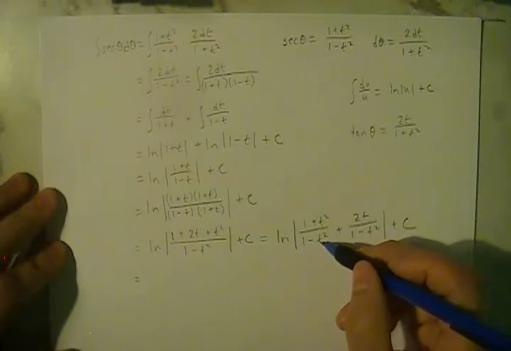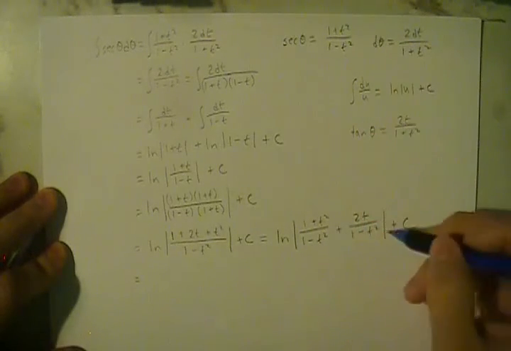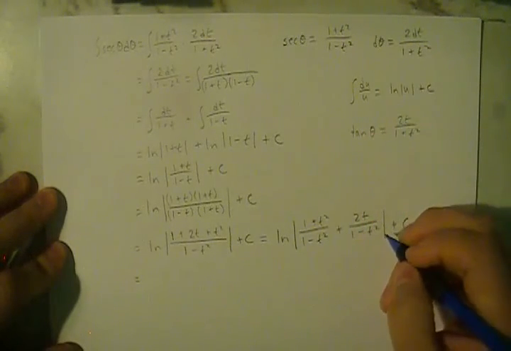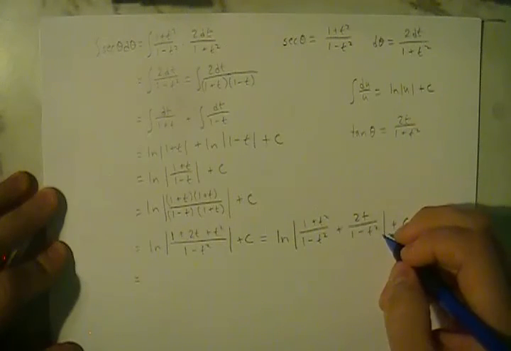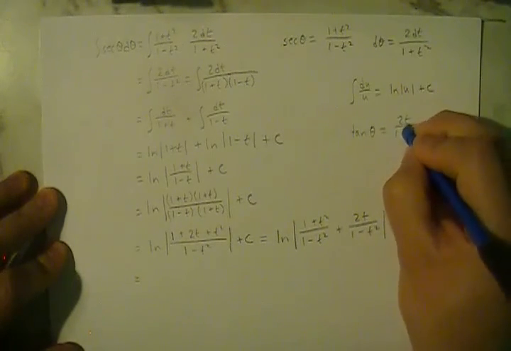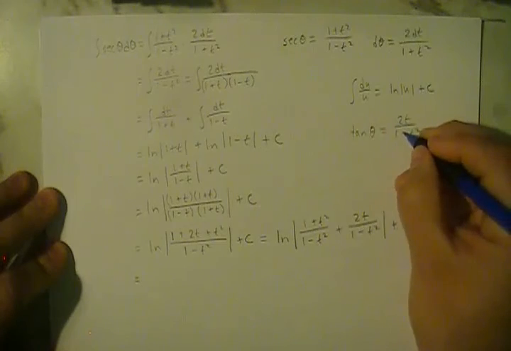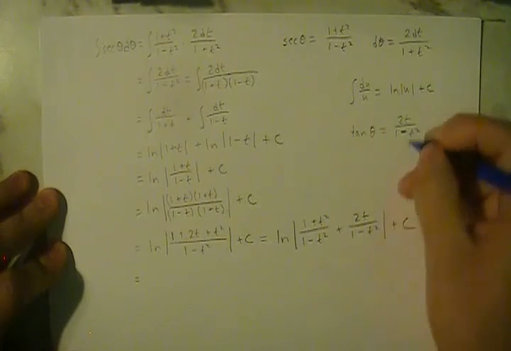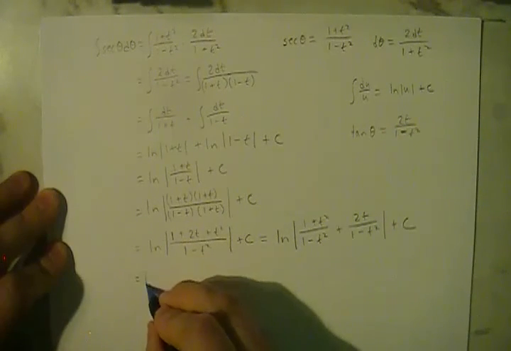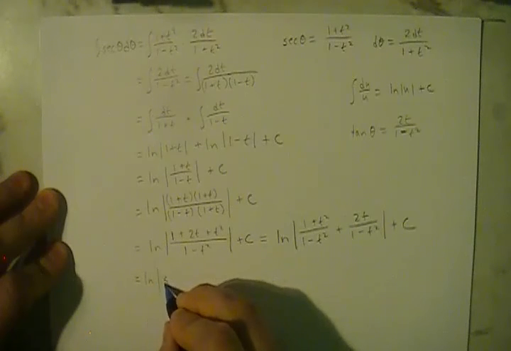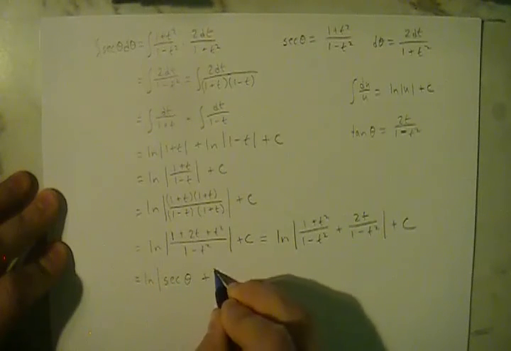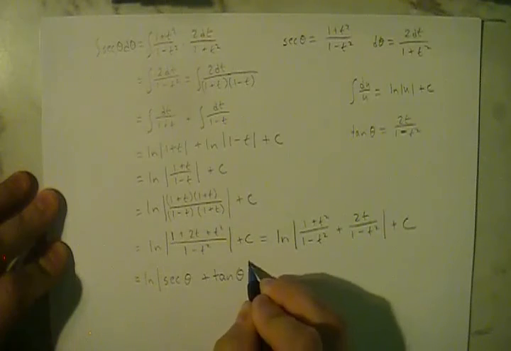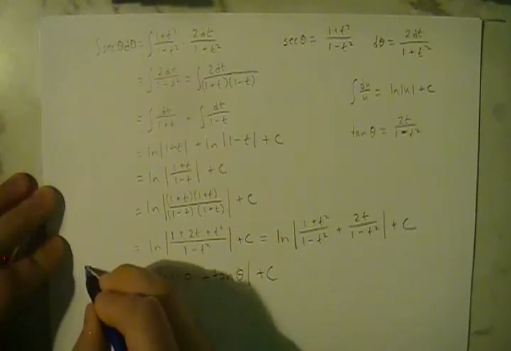And then I can see that this is our secant function, and this is, wait a minute, that's supposed to be a negative. And this is our tangent function. So this ends up being natural log of secant theta plus tangent theta plus constant.